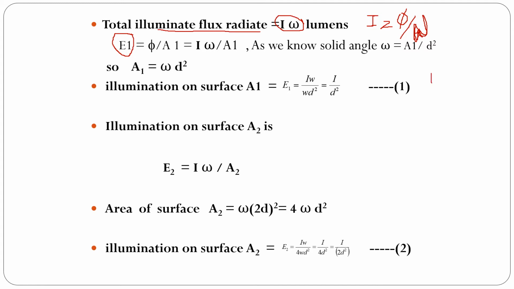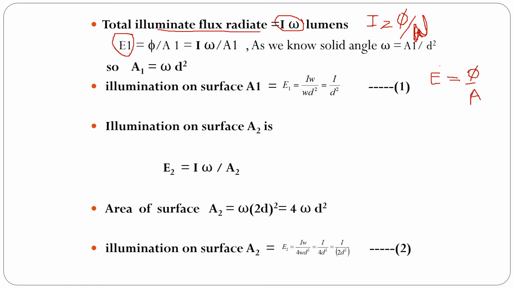As we stated earlier, illumination E, we just repeat the formula here also: E is equal to flux by area. Now for area 1, we take E1 equal to flux upon A1.